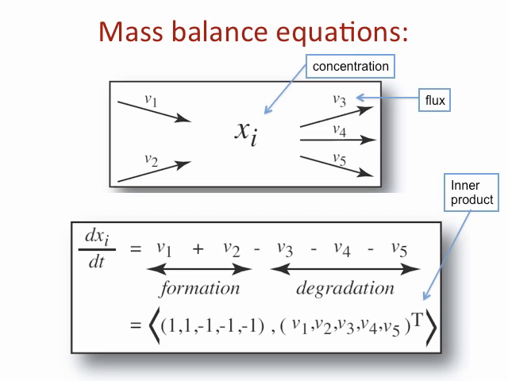The vector to your right is the so-called flux vector, which is just a list of all the fluxes in a network, and the vector in front tells us whether these fluxes are flowing in or out of a particular node, such as that for X sub I in this case. This is an inner product of two vectors, and that subscript t stands for transpose, meaning that the flux vector is normally a column vector but has been transposed into a row vector in this particular equation.